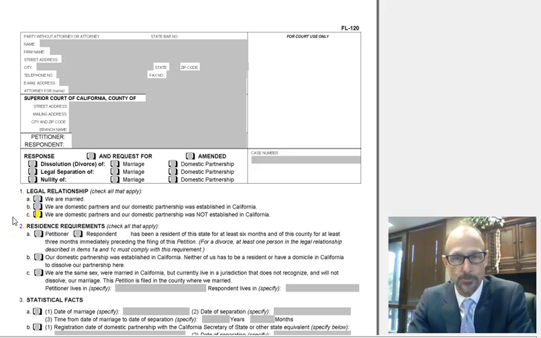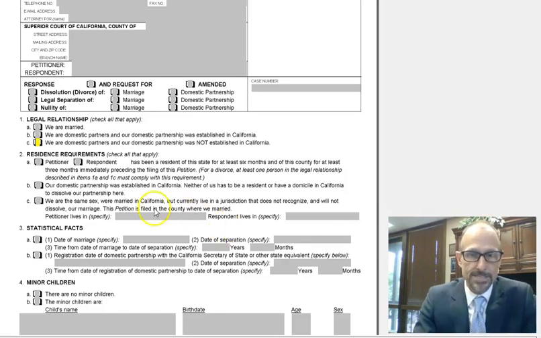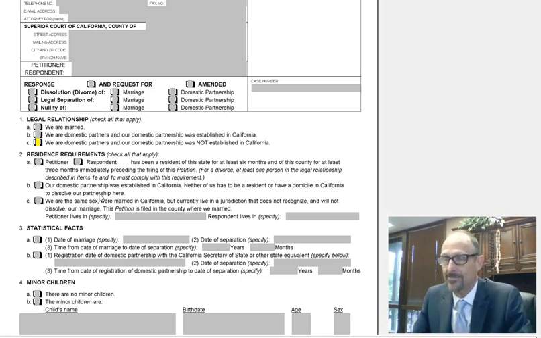Then we go on to number 2, residence requirement. The rule is that one of you must have lived in the state of California for 6 months, and in the county in which the divorce or the legal separation was filed for at least 3 months.